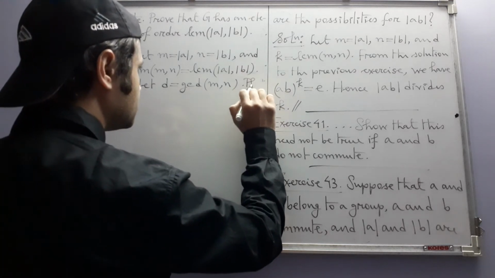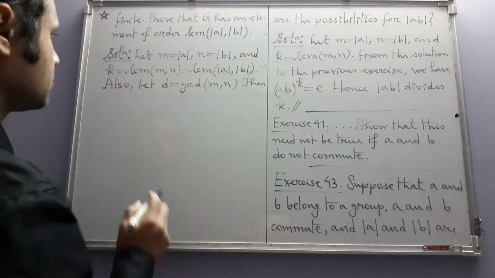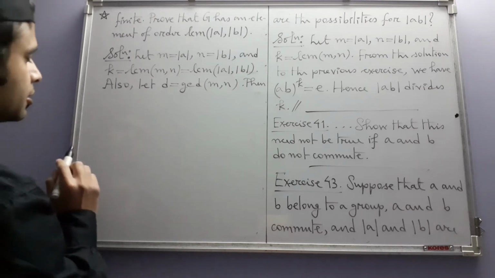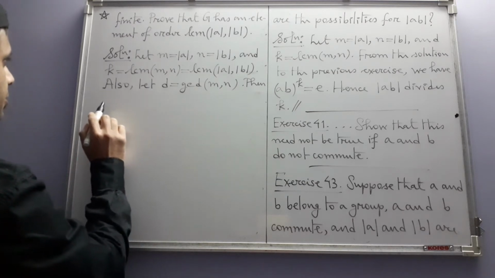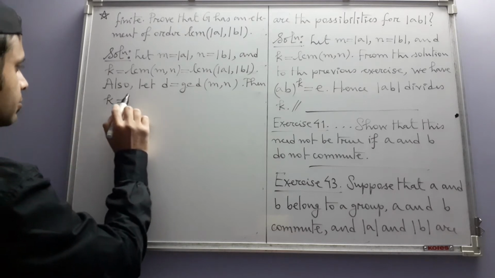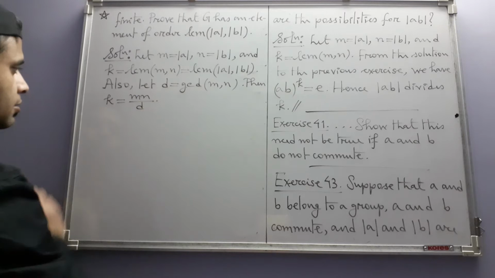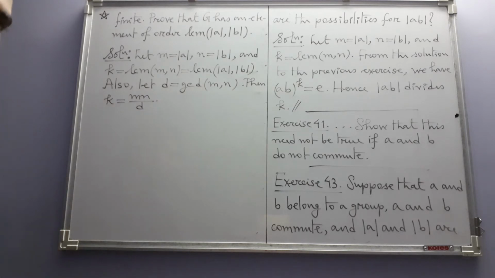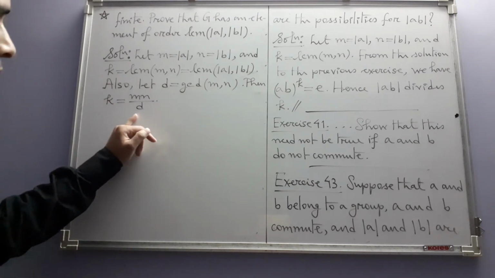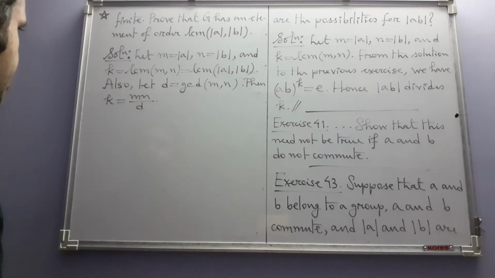Then, since M and N are positive integers, we know this number theoretic result that K is equal to MN divided by D. If we multiply the two integers, divide the product by their GCD, then we get the LCM.